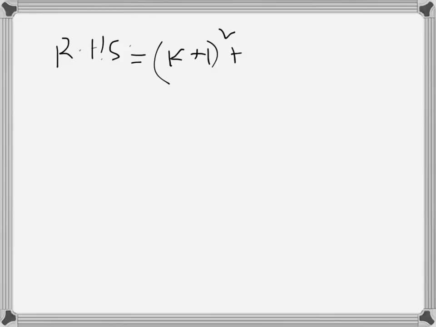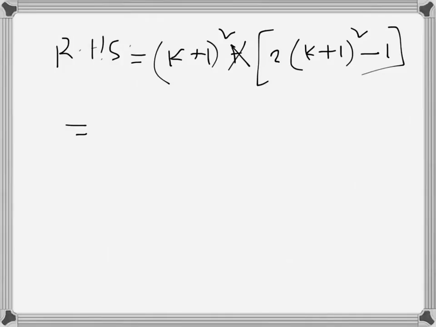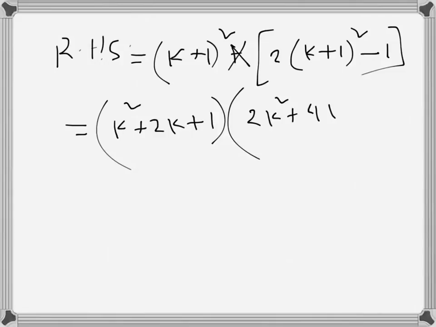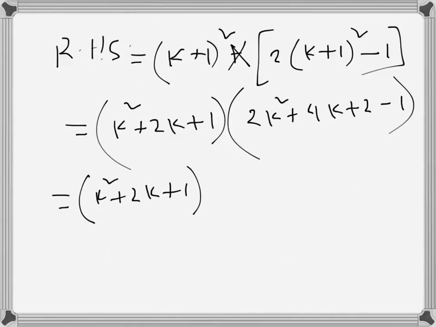So the right hand side becomes (k plus 1) whole square times (2(k plus 1) whole square minus 1), and that's the product here. So this one becomes k squared plus 2k plus 1, and this side becomes 2k squared plus 4k plus 2 minus 1. So we can write (k squared plus 2k plus 1) times (2k squared plus 4k plus 1).